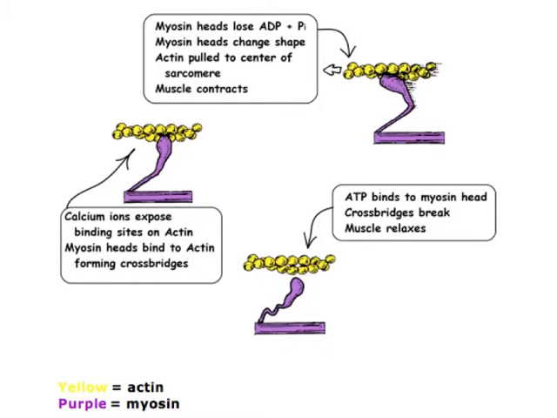If you're ever in a situation where you can't get ATP to this area, the muscle's going to stay contracted. So a Charlie horse, it's like the muscle's contracted and won't uncontract, and you get that pain because the muscle's contracting and it won't decontract. That's partly because you're not getting enough oxygen to your muscle cells, and therefore you're not producing enough ATP to break these bonds.